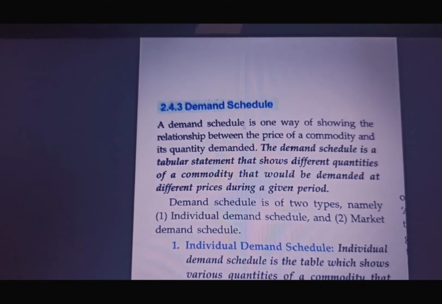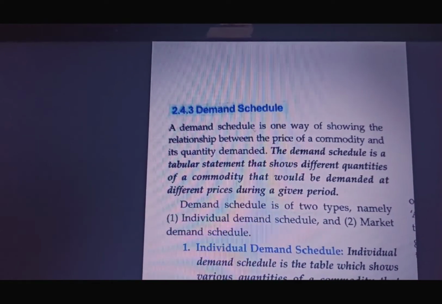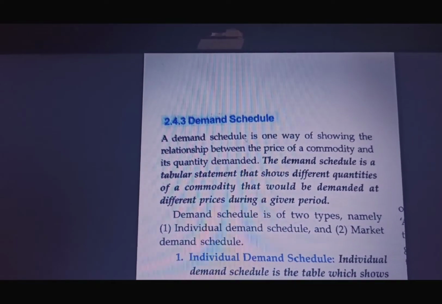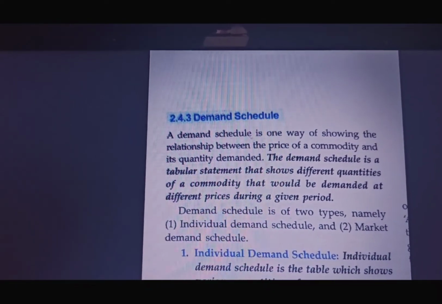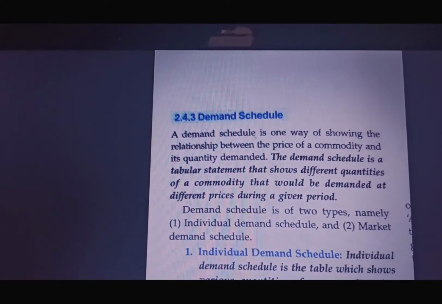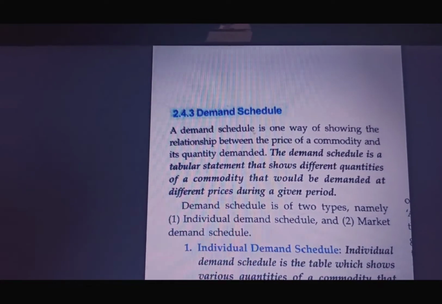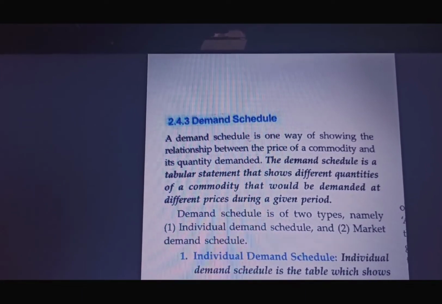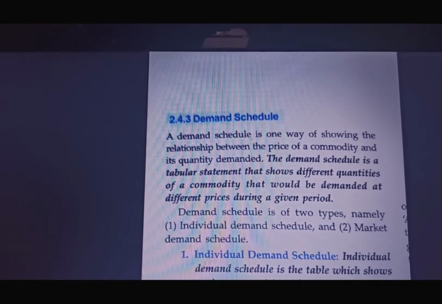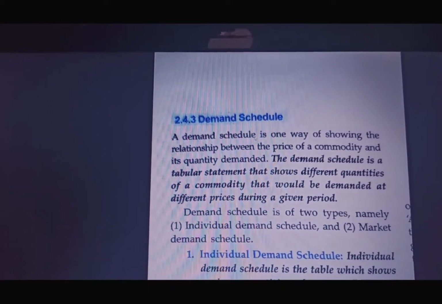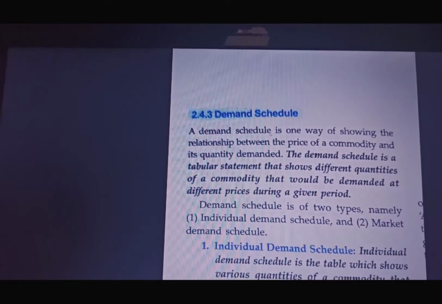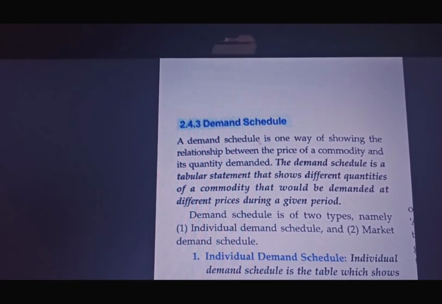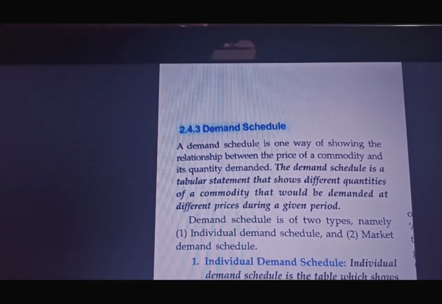First of all, we should come to know what a demand schedule is. In a simple way, the tabular representation of the relationship between demand and price is known as a demand schedule. The particular quantity demanded at different given prices during a given time period is represented by the demand schedule.